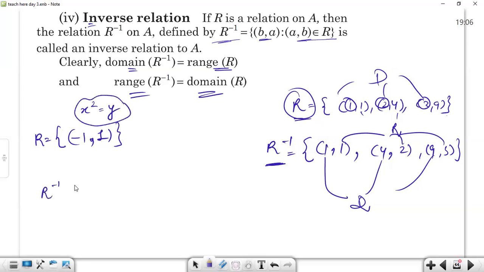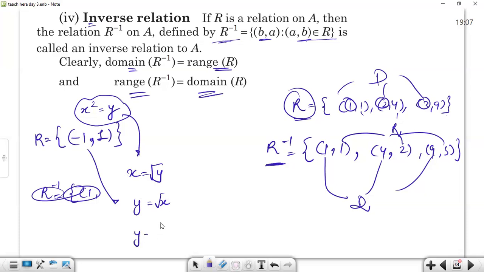But if we have to write its inverse relation, then x will become square root of y. And now if we interchange the position, y is square root of x. So considering here, finding y, square root of x, minus 1 is equal to iota instead of 1. That is why.